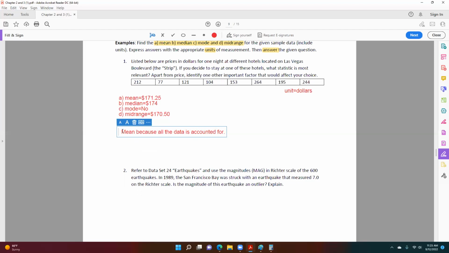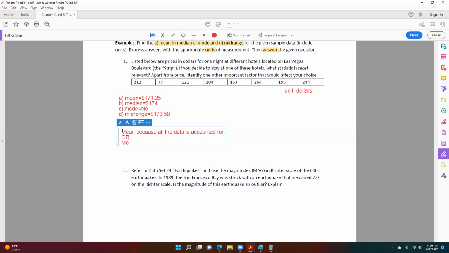What does that mean when I say all the data is accounted for? It means that we use every single data point here. So some of you might pick mean for your answer in this case. That means if you want to stay in Vegas, it's going to be around $170 some a night. Okay, and the mean is a good choice.